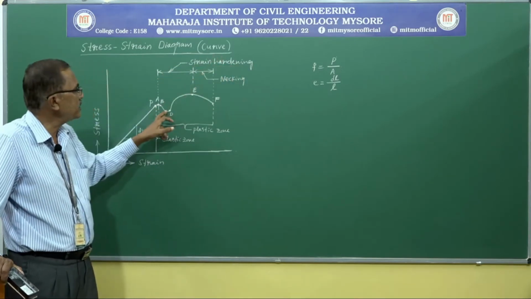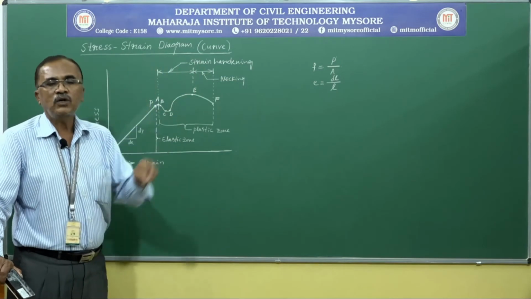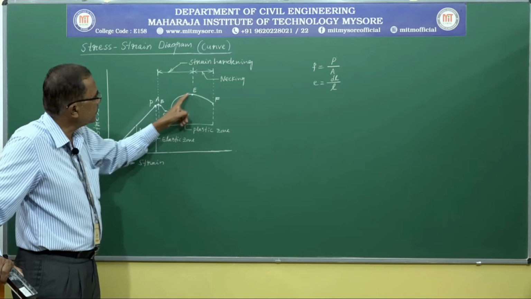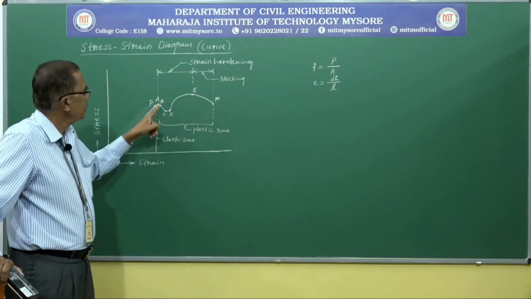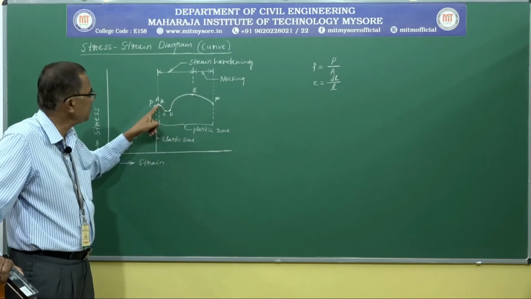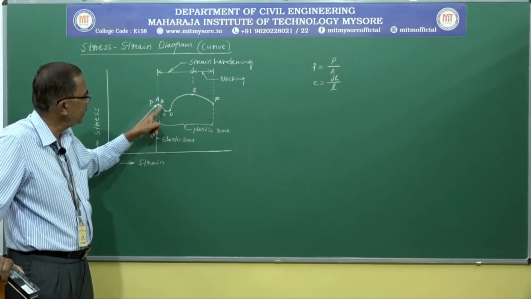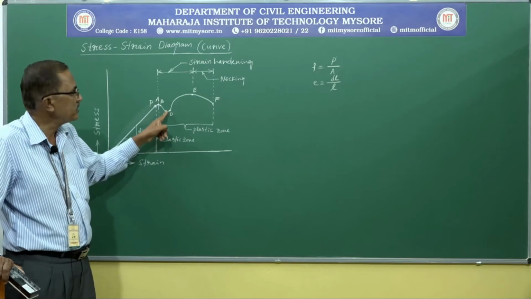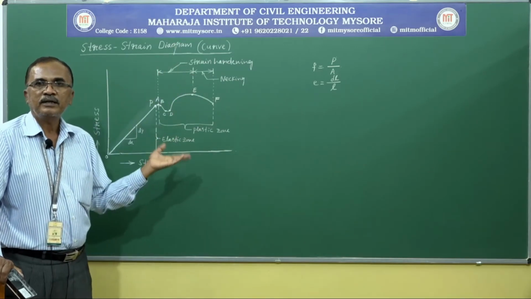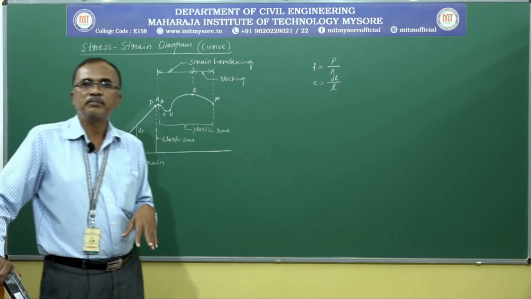Under this condition it is difficult to break the material. Hence, the material shows this trend. Stress at the ultimate point is more than the stress at the proportional limit and elastic limit. This is because the material becomes harder because of strain hardening, that is, due to the plastic deformation.